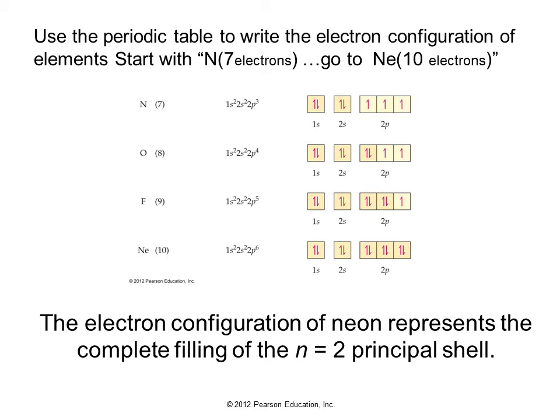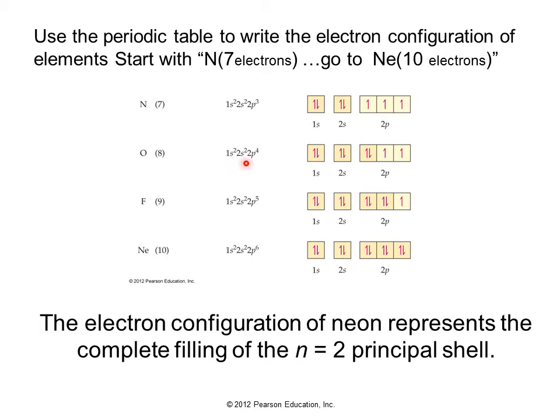We can use the periodic table to write the electron configuration. We'll start with nitrogen, which has 7 electrons, and we write it out: 1s2, 2s2, 2p3. That's 7. To do the orbital diagram, we use the 1s with 2 electrons, the 2s with 2 electrons, and then the set of p orbitals, of which there are always 3, putting 1 in each orbital.